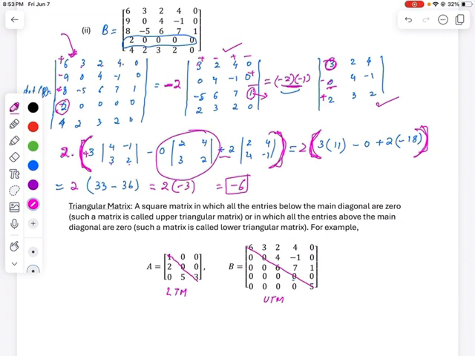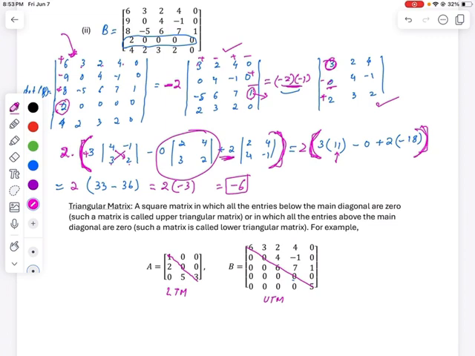And now we just expand. So I still have 2 outside and the big parentheses. Then 3 times, now this minor will give me 4 times 2 is 8. 8 minus negative 3, so 8 plus 3, which gives me 11. So 3 times 11 minus 0 plus, okay, plus 2 times.